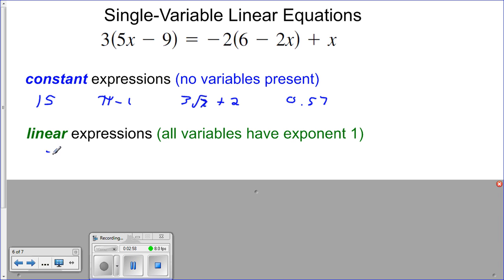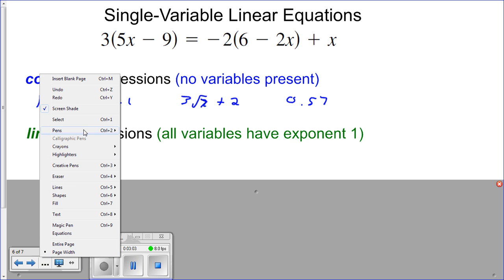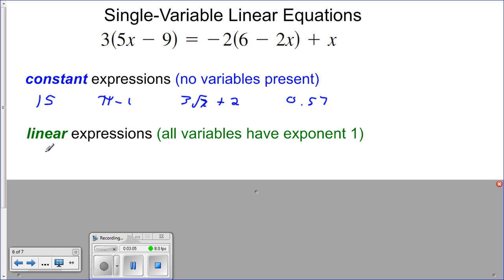So the expression up there, 3 times the quantity 5x minus 9, is a linear expression because the only place the variable appears, the power of the variable, the exponent, is 1. This expression up here, everywhere the variable appears, the power is 1. So this is also a linear expression.